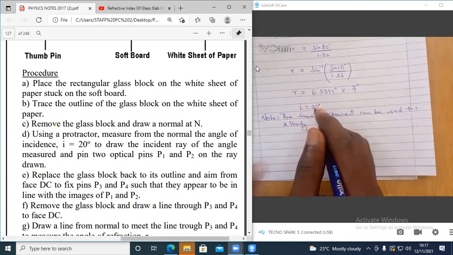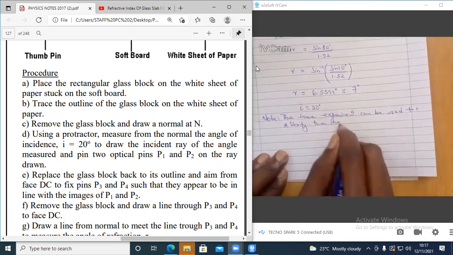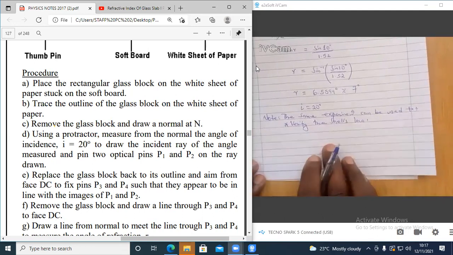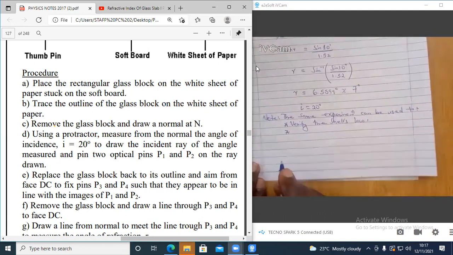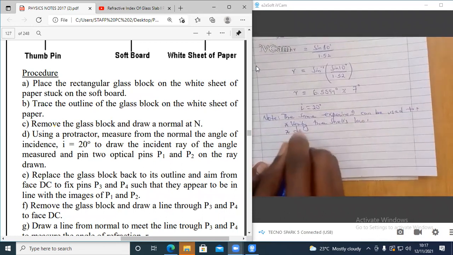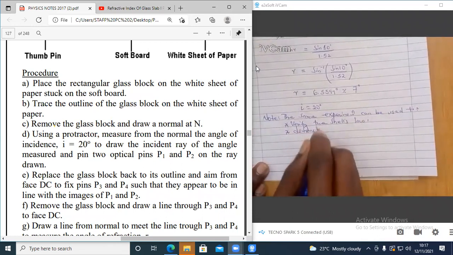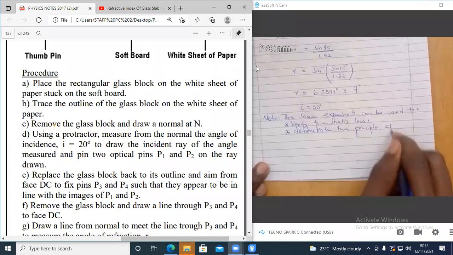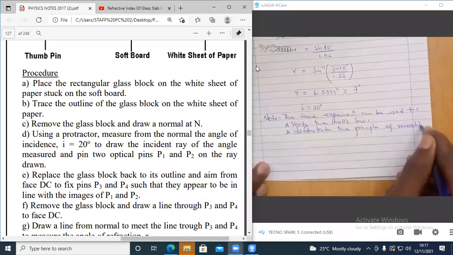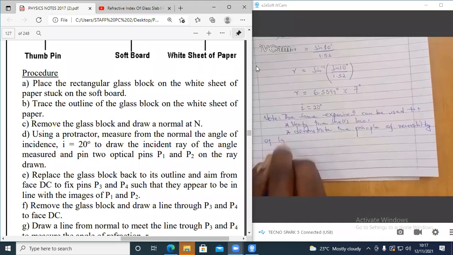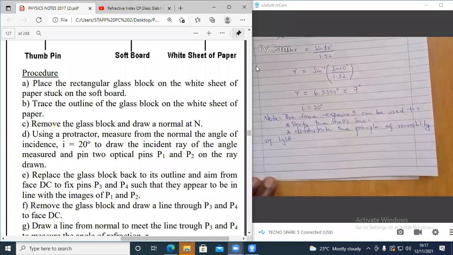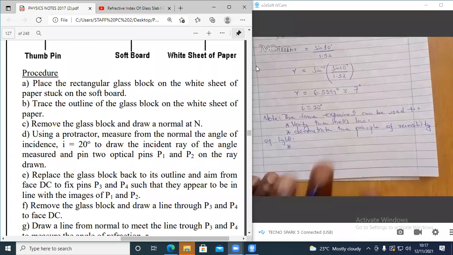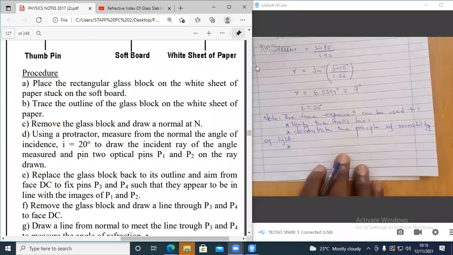The same experiment can also be used to demonstrate the principle of reversibility of light. The procedure will not change. The only thing that will change is the conclusion, how you conclude on how to demonstrate the principle of reversibility of light.